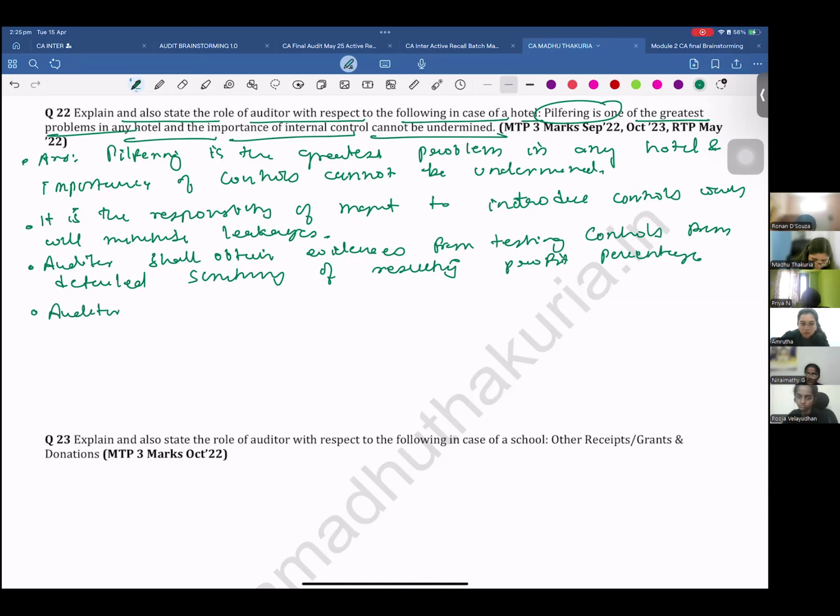Auditor shall also obtain regular trading account for the period under review.